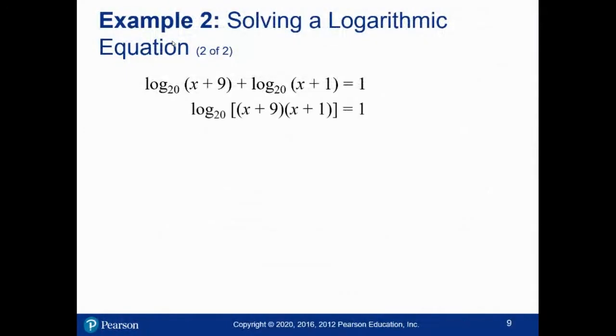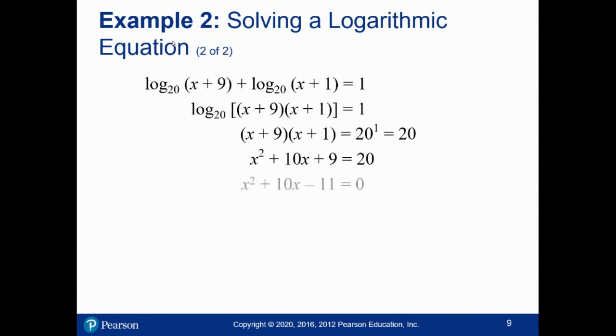First, we're going to use that sum property to express the log base 20 of x plus 9 plus the log base 20 of x plus 1 as the log base 20 of the product. But now let's convert it to an exponential. So that input of x plus 9 times x plus 1 must be equal to 20 to the 1st, which is 20. Now if I expand out that product on the left, x squared plus 10x plus 9 equals 20.